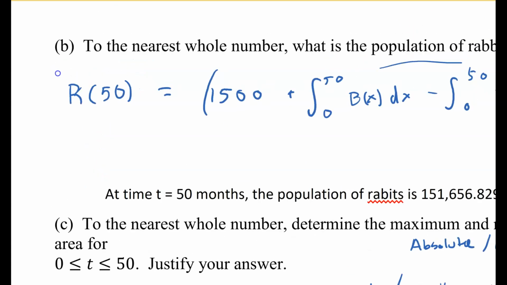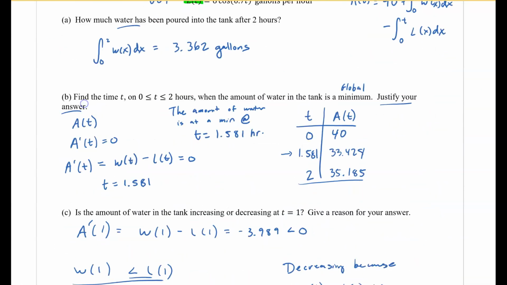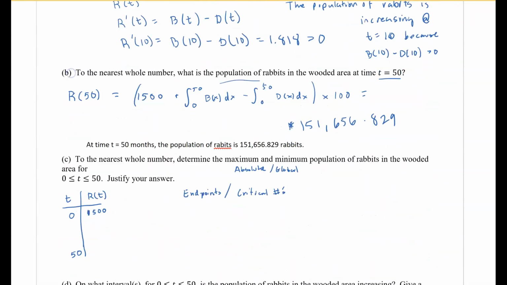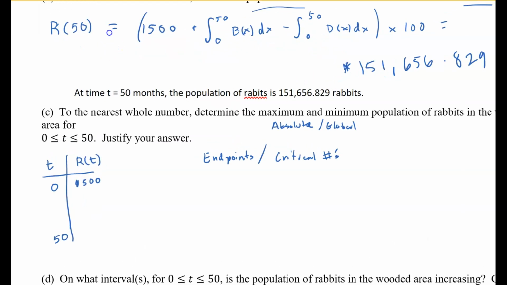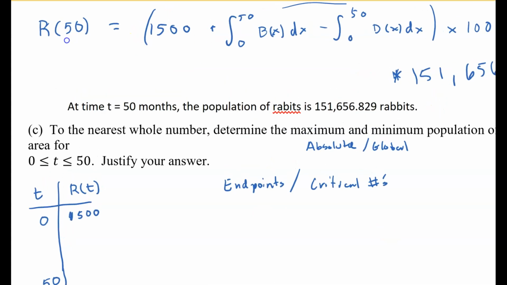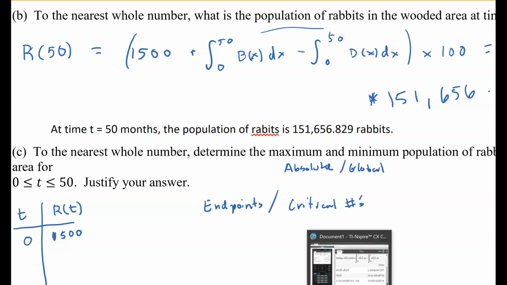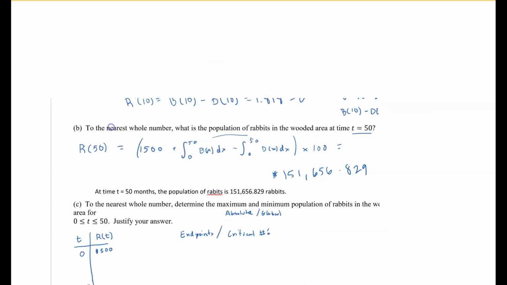And then 50, we calculated in the last problem. But I have an issue here. I'm going to have to redefine this because they multiplied this times 100. Wait, let me make sure.